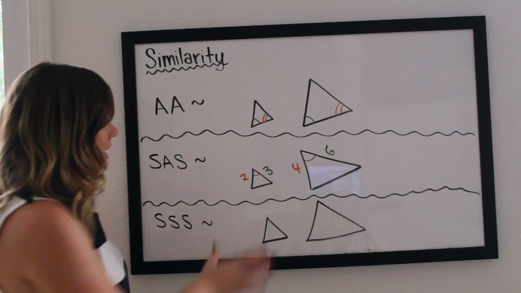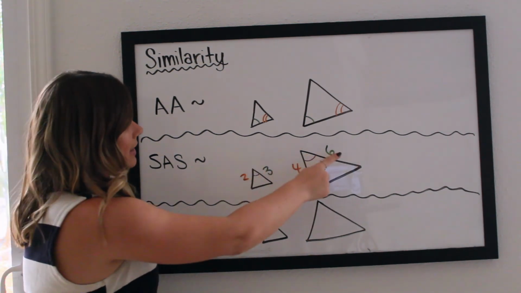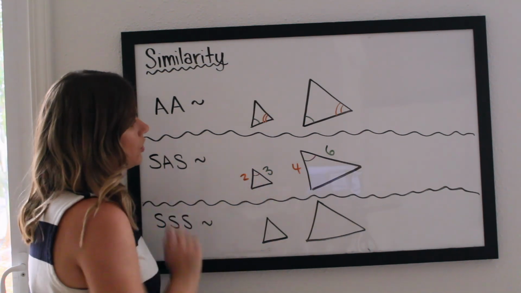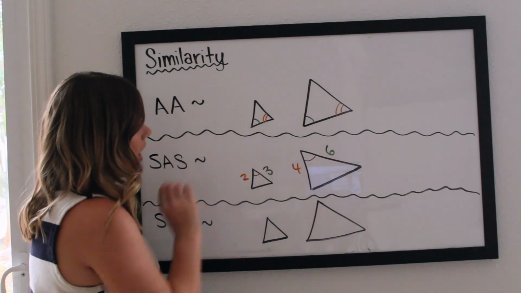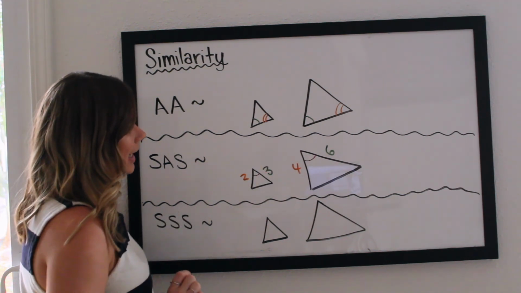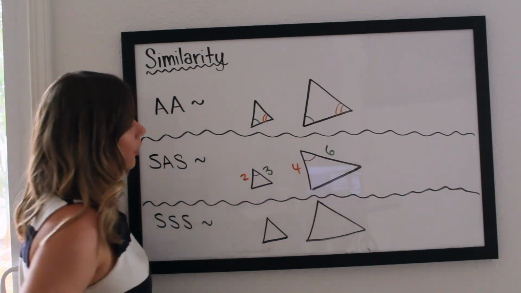Well, we can see that 4 over 2 is 2, and 6 over 3 is also 2, so it means we have two pairs of corresponding side lengths that have the same scale factor with a congruent angle in between them.